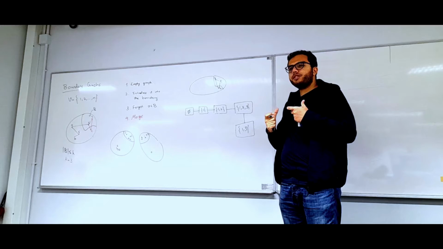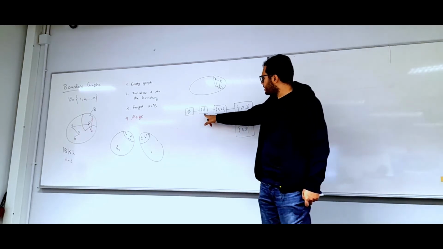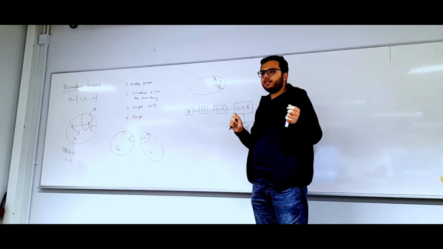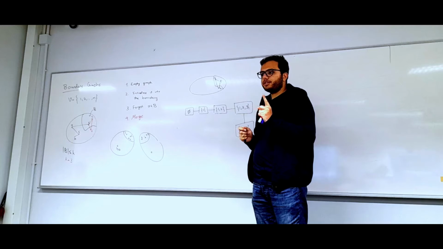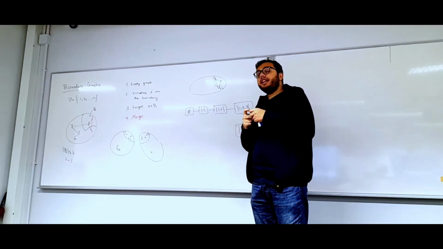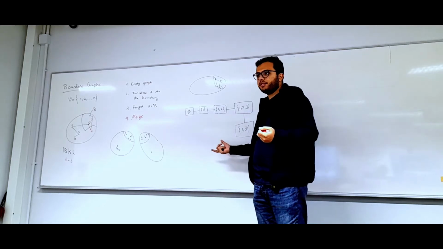And you remember the definition of nice from last session. The definition was that every one of these bags should be different from any of its neighbors, so its parent and its child, by at most one vertex. And we saw that we can take any tree decomposition and make it nice in linear time. We can do the same thing with path decompositions.